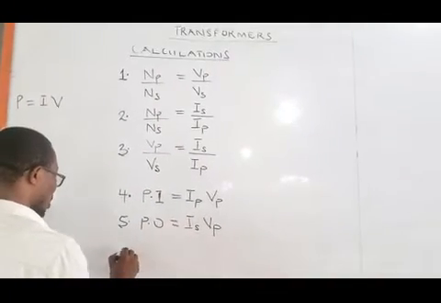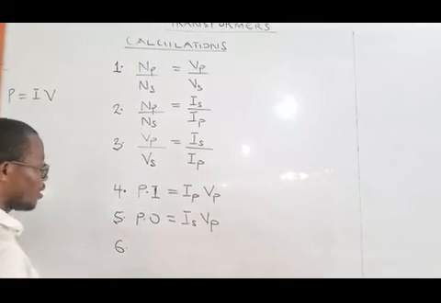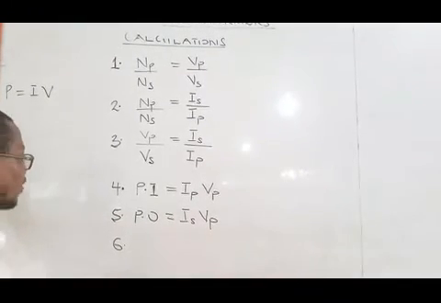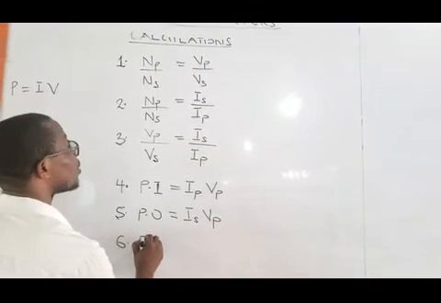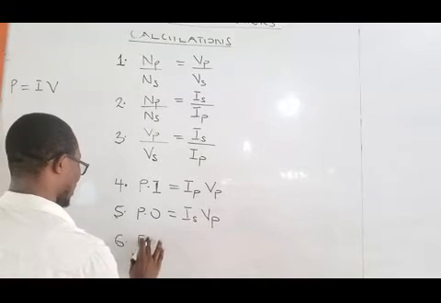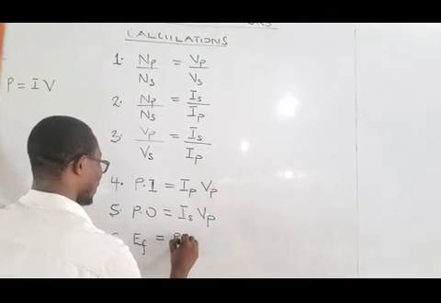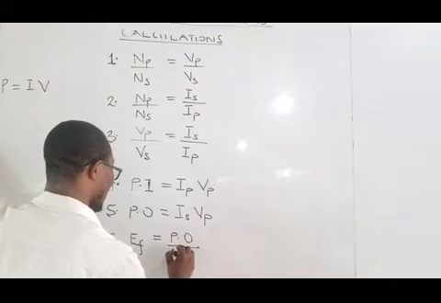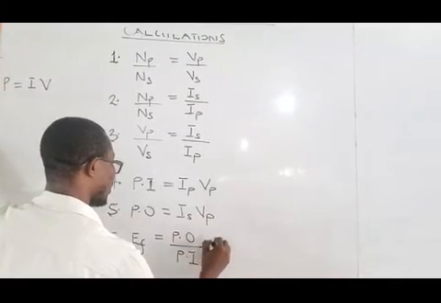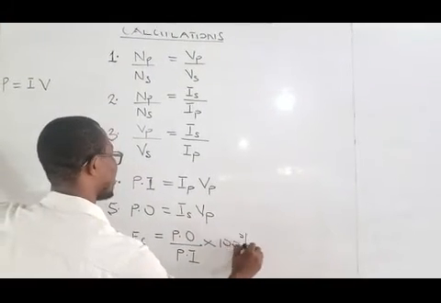And on machines, we talked about efficiency. So if you have to find the efficiency here, your efficiency is equal to the power output over the power input times 100%.